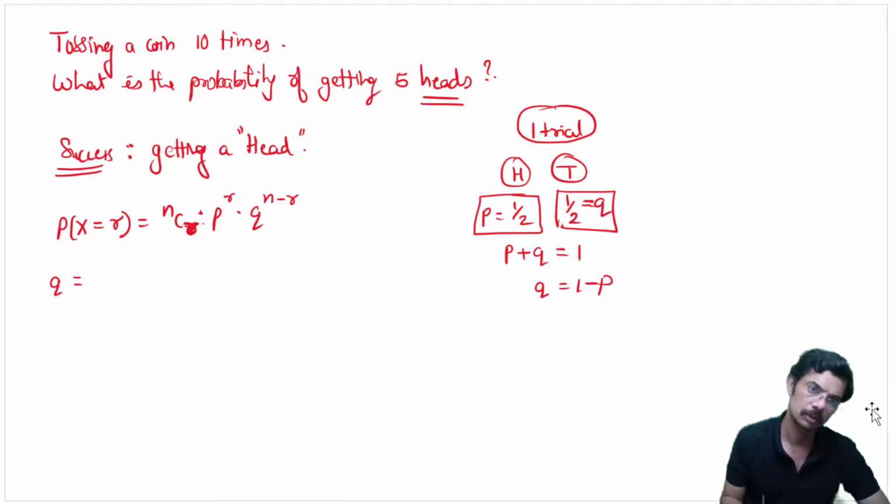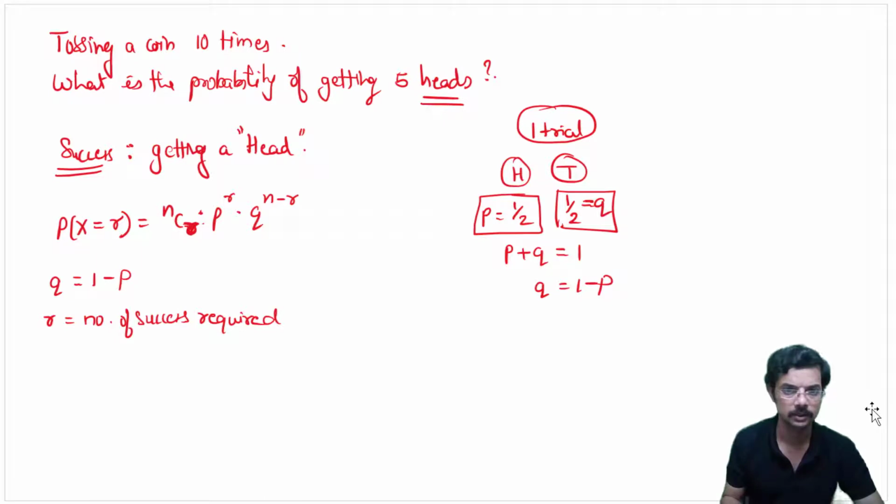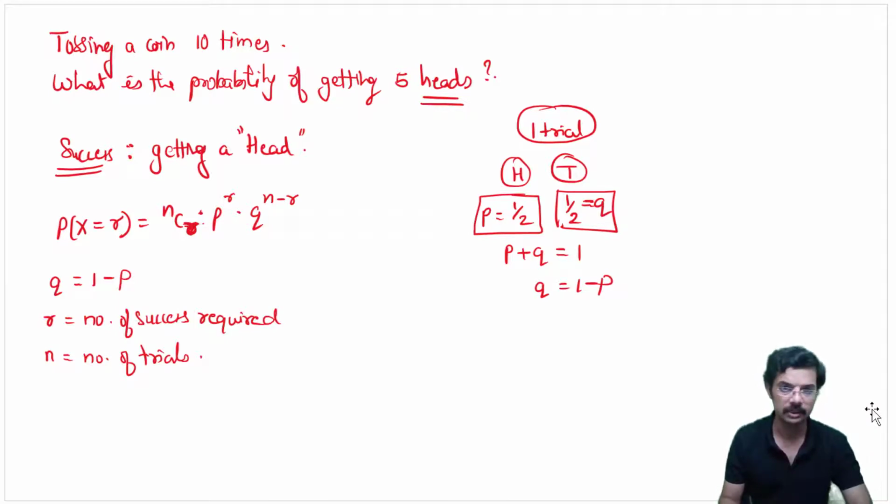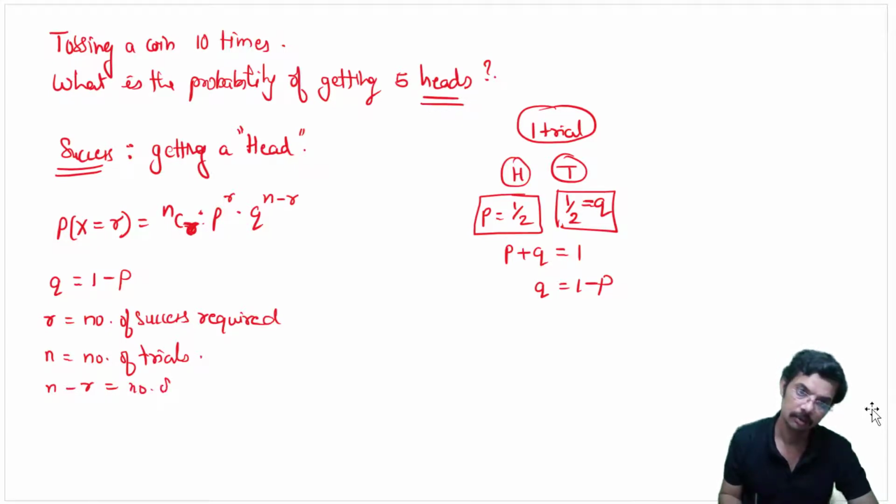And r is the number of successes required. n is the number of trials. n minus r is the number of failures.